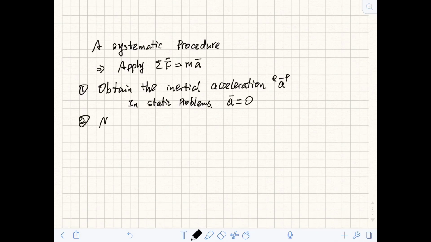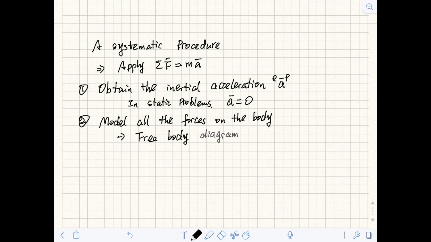Second, we need to model all the forces on the body, where we need to draw a free body diagram to represent all the forces. And third, if necessary, you'll have to introduce a set of basis vectors and resolve the accelerations and all the forces into components relative to that basis.